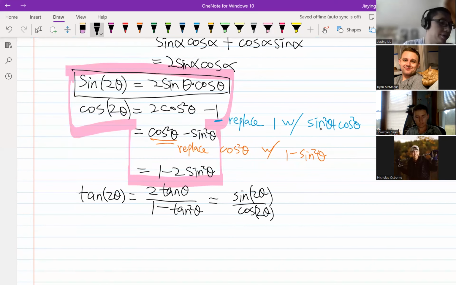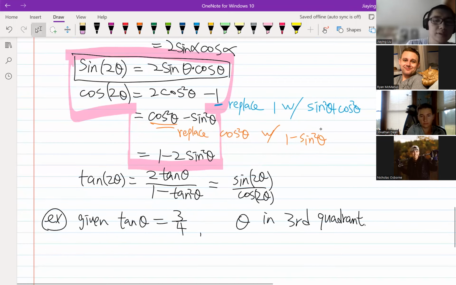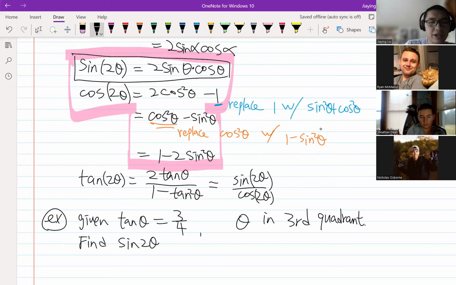All right. So here's the example. So given that tangent theta is equal to 3/4, and the angle theta is in the third quadrant, we're going to find sine 2 theta, cosine 2 theta, and tangent 2 theta.